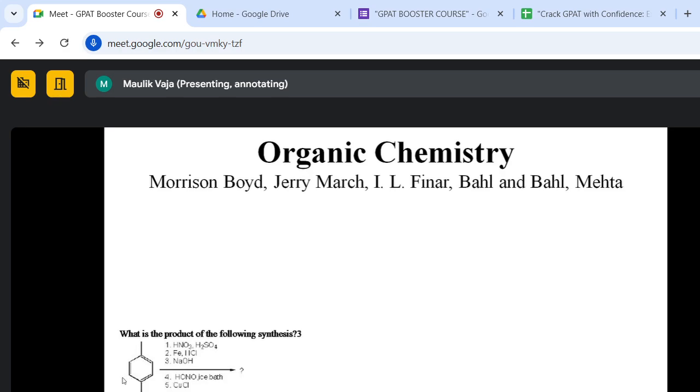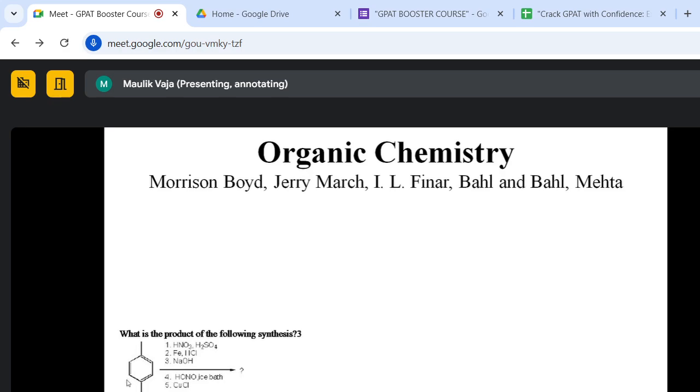So NH2 will be converted into the aryl diazonium salt, N≡N+Cl-. In the final step, CuCl, that is nothing but the Sandmeyer reaction, Cl will come at this position.